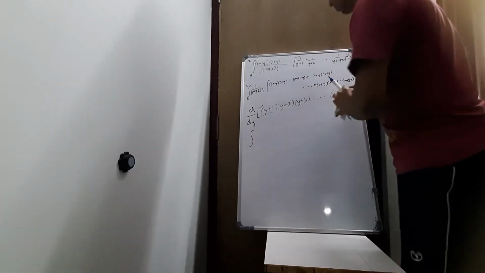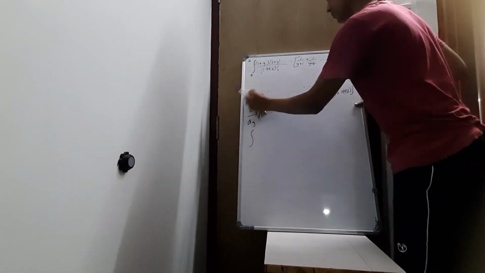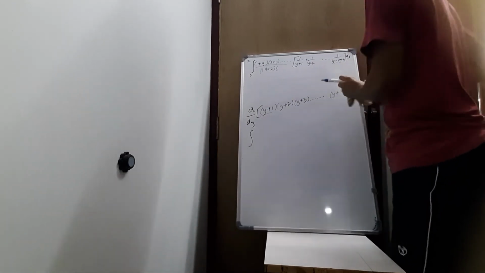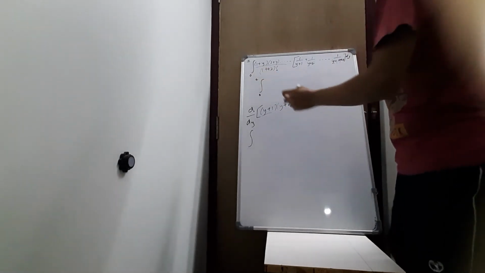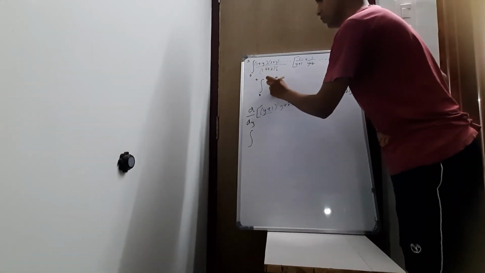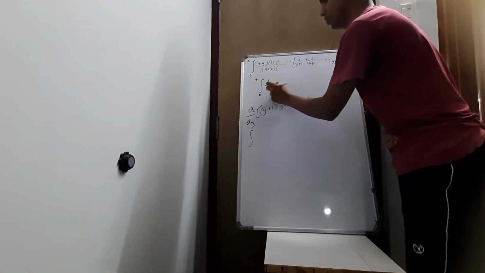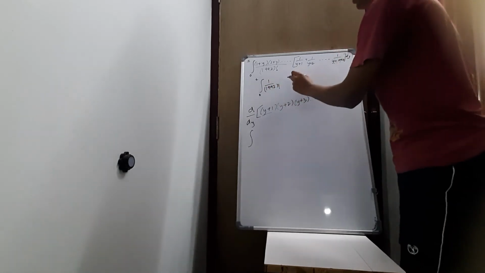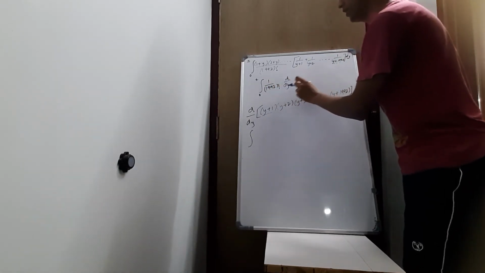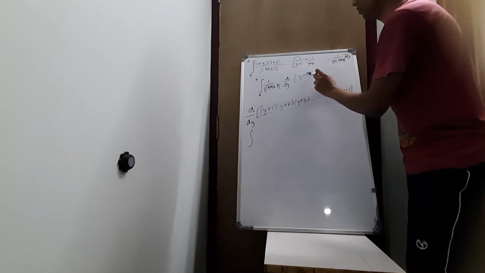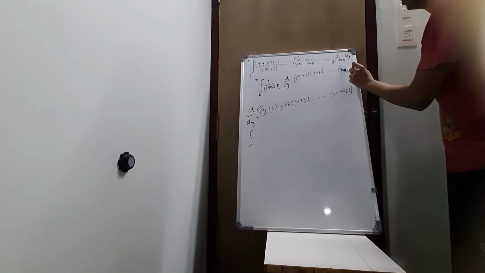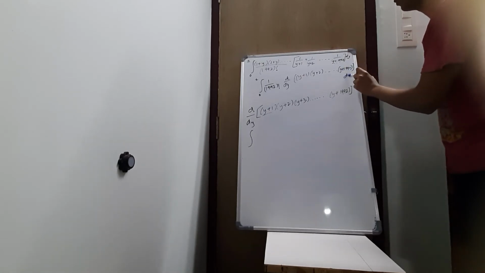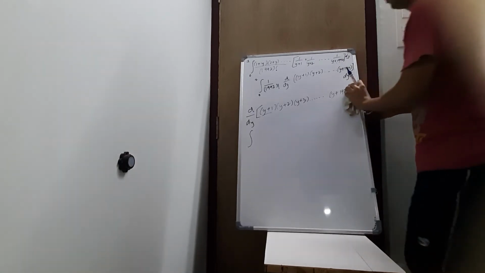It's simply the integration from 0 to 1 of 1 divided by 1992 factorial times d/dy of (y+1)(y+2), and so on, up to (y+1992), and don't forget to keep dy, right?